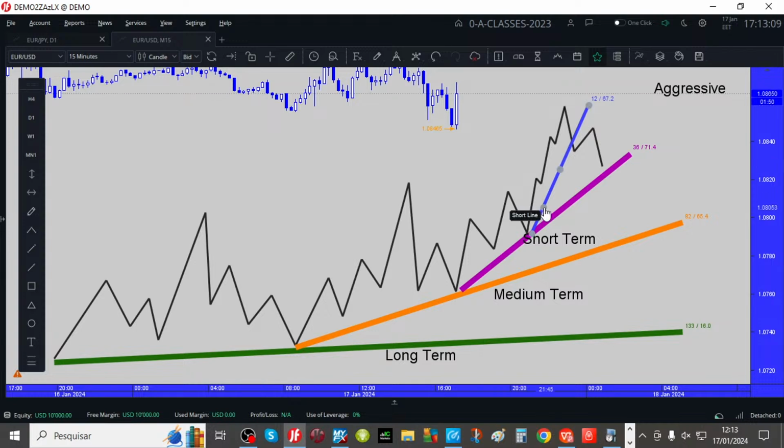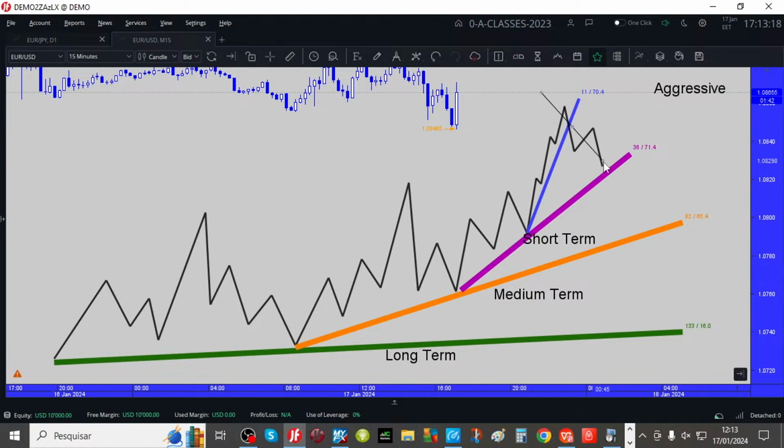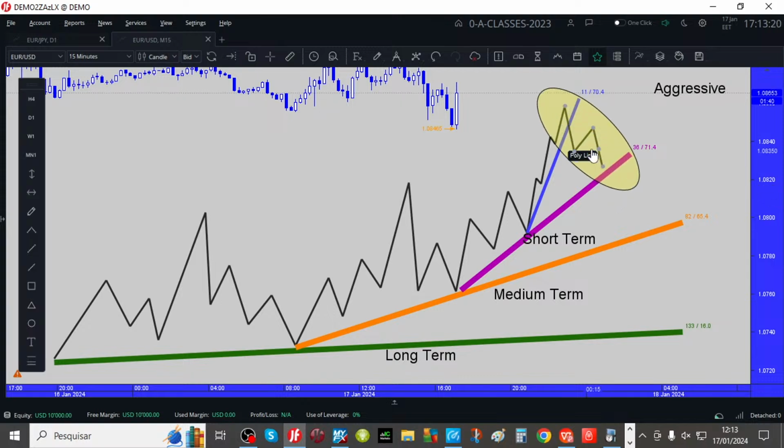Bolder. There you go. Blue line. So this is the aggressive one. So when the market breaks the aggressive one and makes lower lows, lower highs, you as an analyst, tell me, are we in an uptrend or are we in a downtrend?